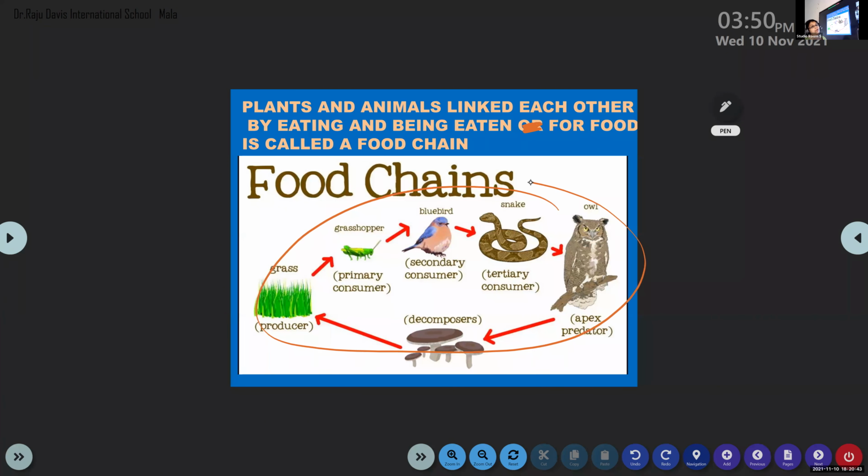And also, you know, another one which will eat the snake, what do you call that fellow? Kiri, in Malayalam. Mongoose. The mongoose will eat the snake also. Anyway, in this food chain we are not talking about it.